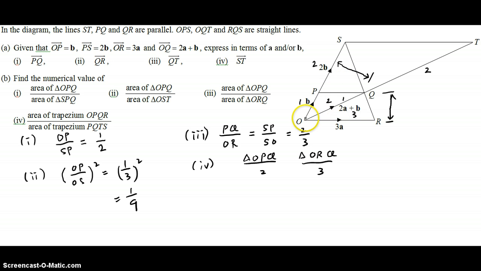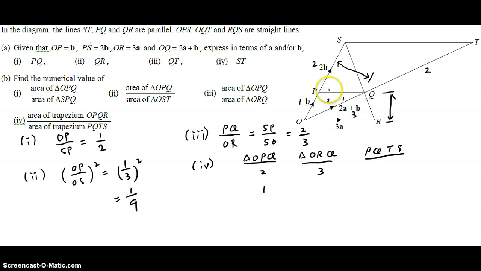So next thing, you compare this triangle here. What is the ratio of OPQ and OST? So you compare with PQ, TS. So you know the ratio of OPQ to OST based on part 2 is 1:9, right?